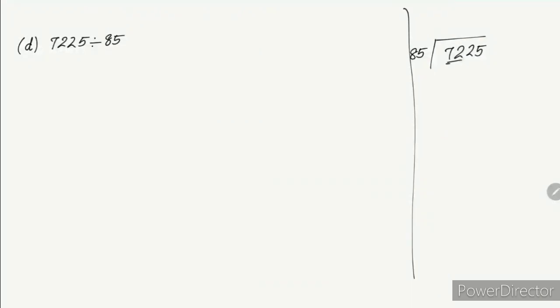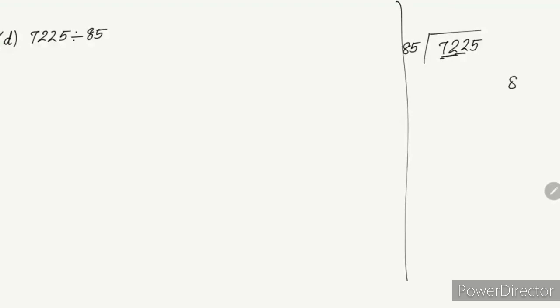No. Then we can take 722. 85 into 8. What about 85 into 8? 8 into 5, 40. Then 0, 4 here. 8 into 8, 64. 64 plus 4, 68. This is a place where we need to write 8.